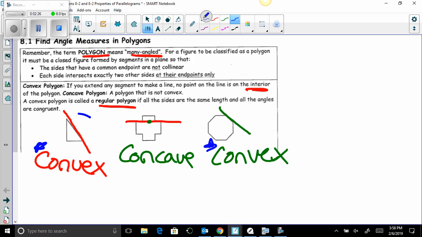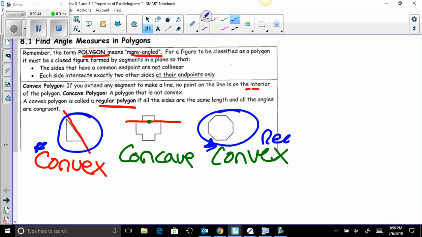Well, is that going to happen in a triangle? It is not. What about this figure over here? Do I have all my side lengths the same? If all my side lengths are the same here, which they are, then all the angles are going to be congruent. So this is a regular convex polygon.